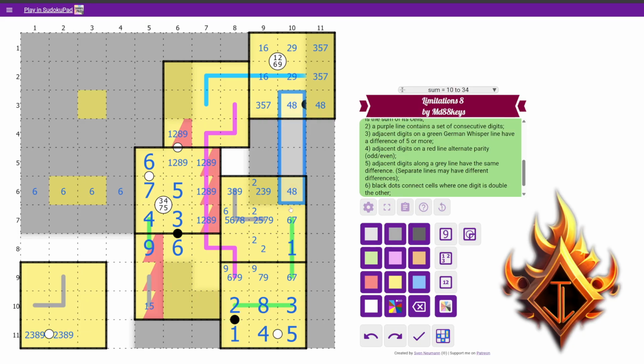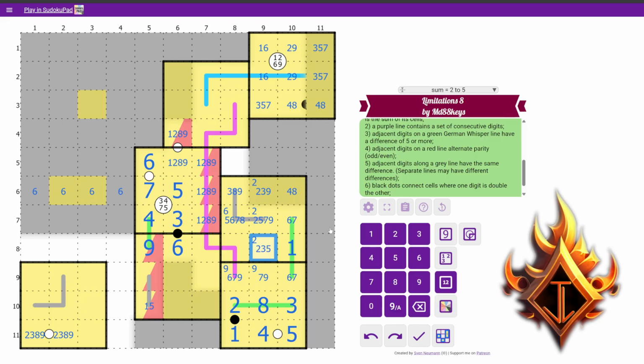We found this 4, 8. It gave us the 5. We have a 5 in this 2 by 2. What if a 5 goes here? Let me go ahead and mark this up. 2, 3, 5, 7. That's it.